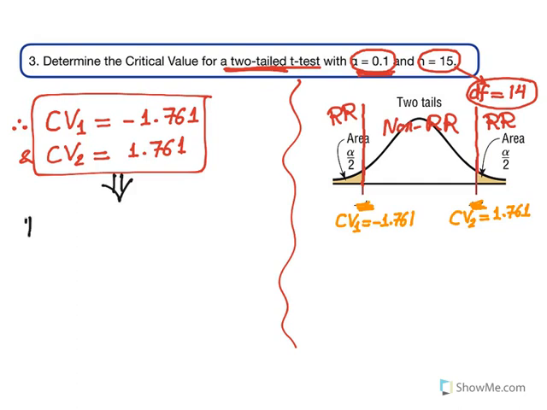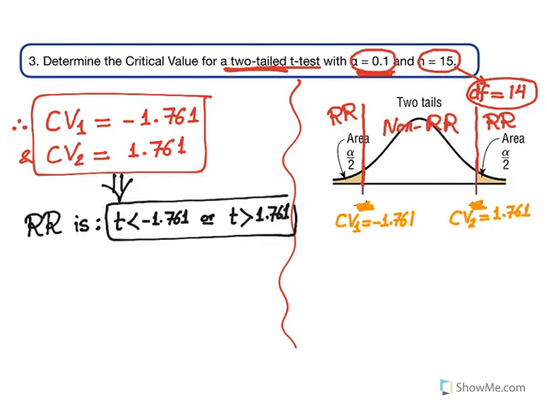So this answers the question, but as you know, we add the description of our rejection region. My rejection region in this case is either t less than minus 1.761 or t bigger than 1.761. So this is our rejection region expressed mathematically, and let's put it inside a box.